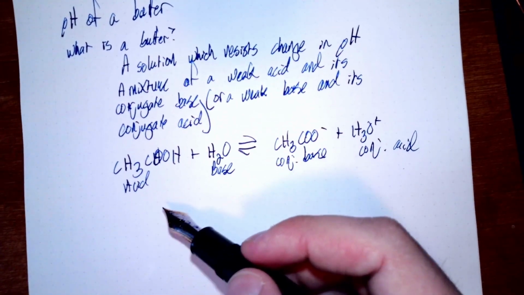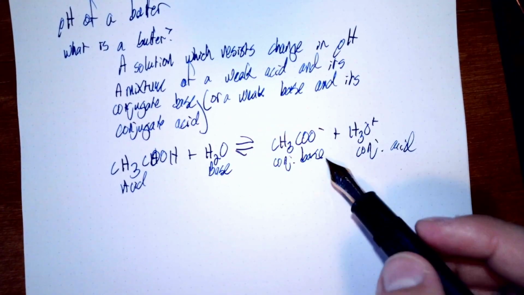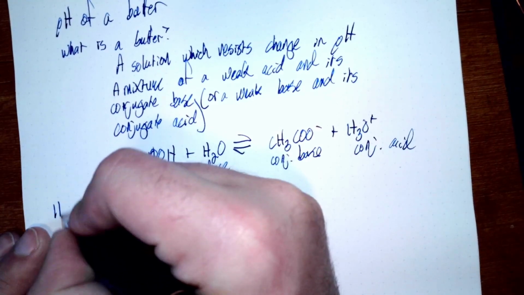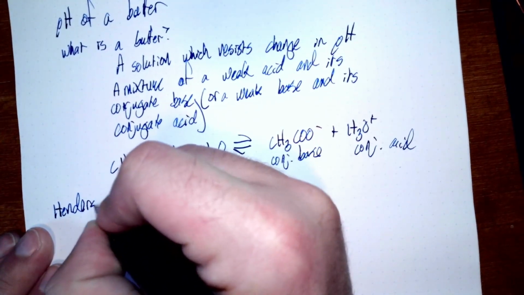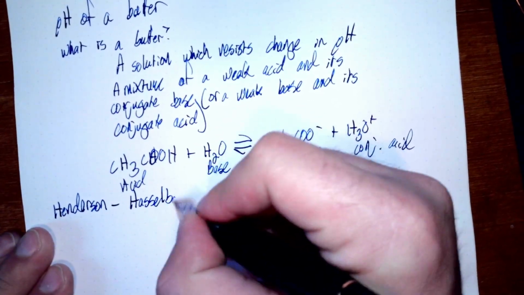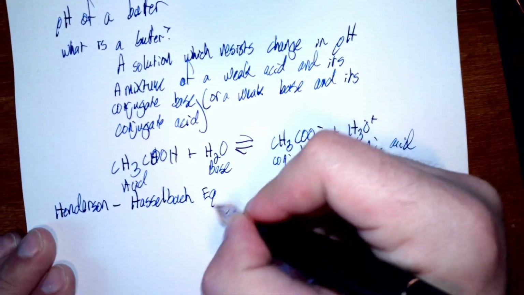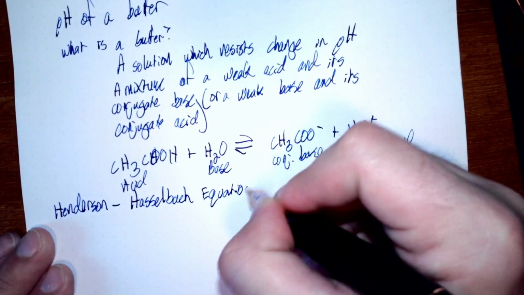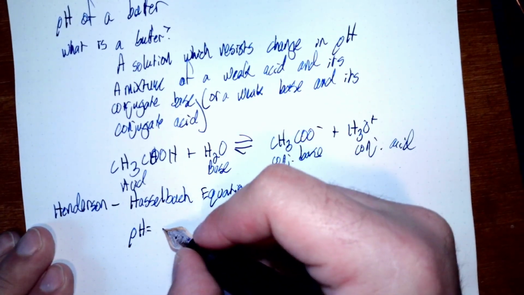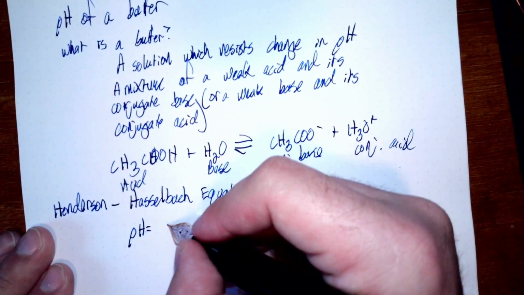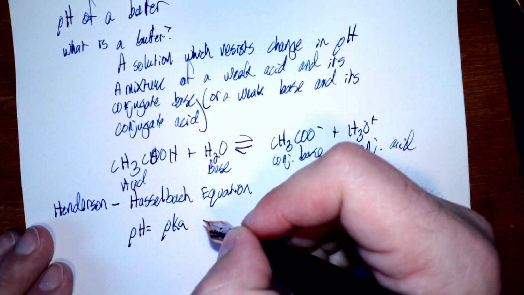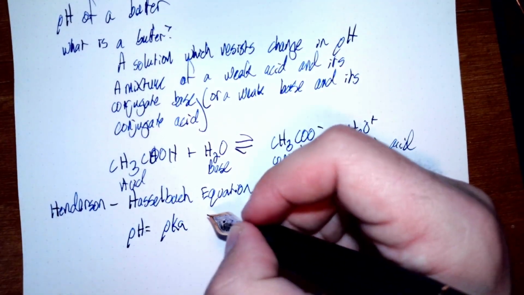All right. Now, in order to calculate the pH of a buffer, we are going to use an equation called the Henderson-Hasselbalch equation, which tells us that the pH of a buffer is equal to the pKa of the weak acid. Hold that thought for a second.